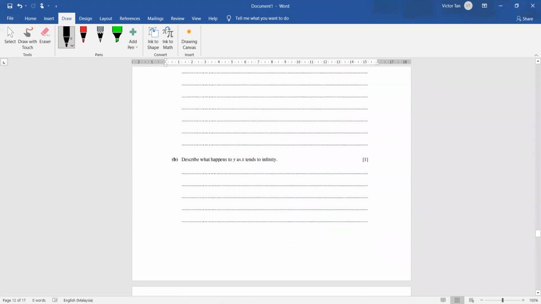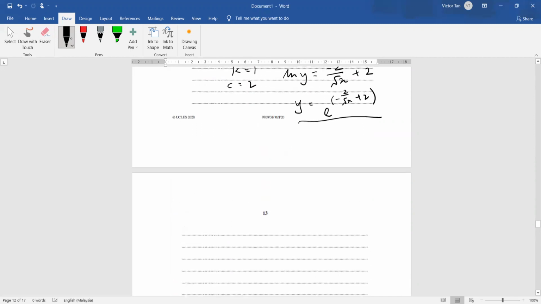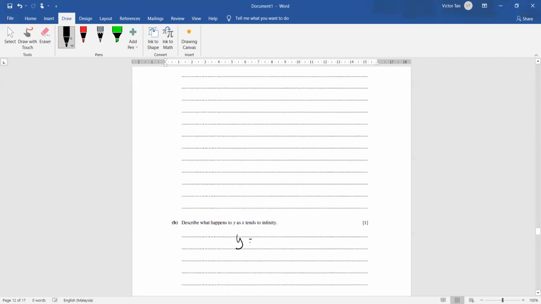So I'm going to rewrite the function. This will be e squared over e to the power of 2 over root x. Okay.